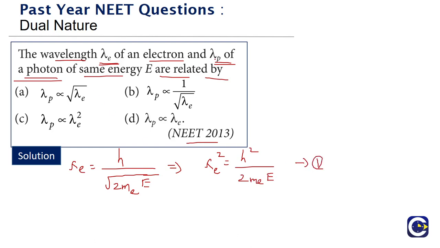Now the photon with the wavelength lambda P also has the same energy. Remember, for the photon, the relation, using Planck's quantum theory, is E is equal to hc by lambda.